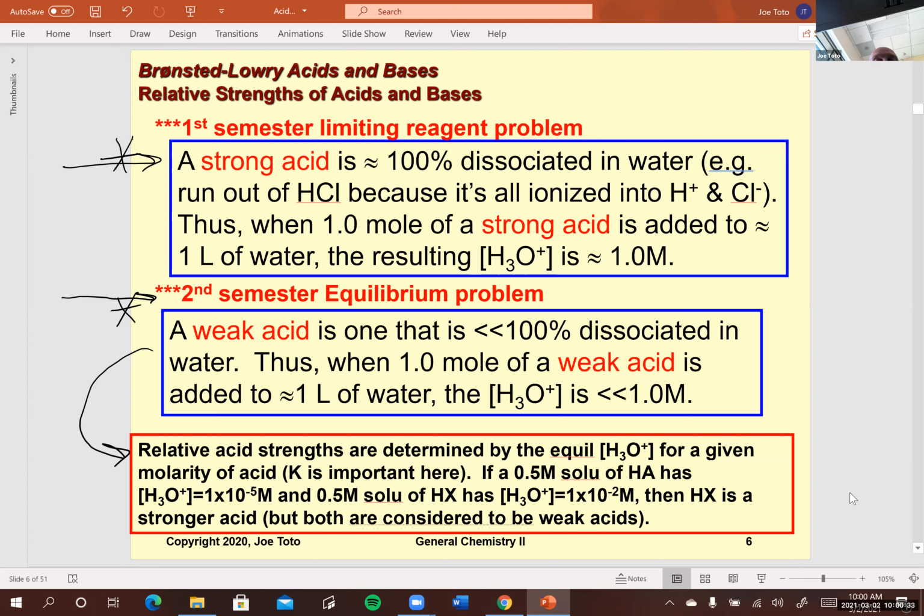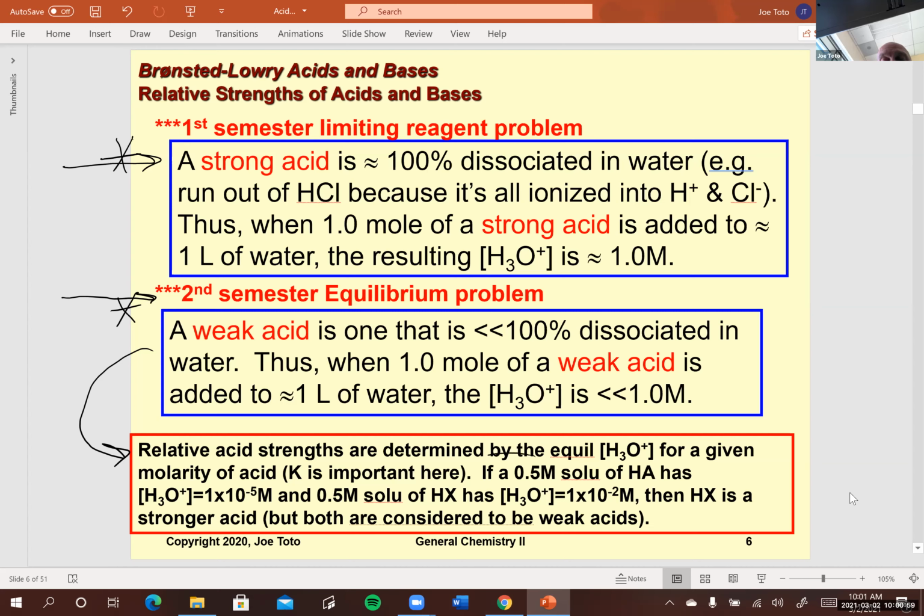So once you realize that weak acids come to equilibrium where there's a mixture of reactants and products, you can talk about one weak acid versus another weak acid. And you can talk about relative strengths. So what I'm getting at here is I can have two different weak acids.